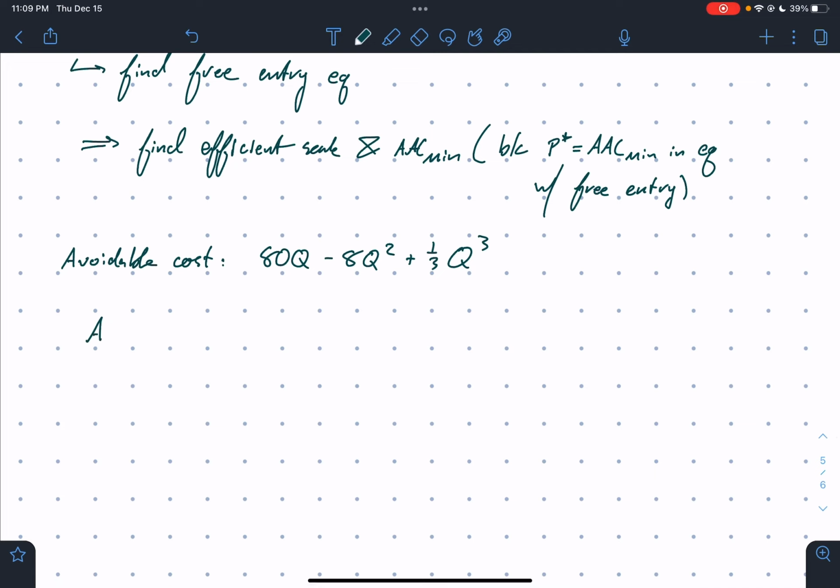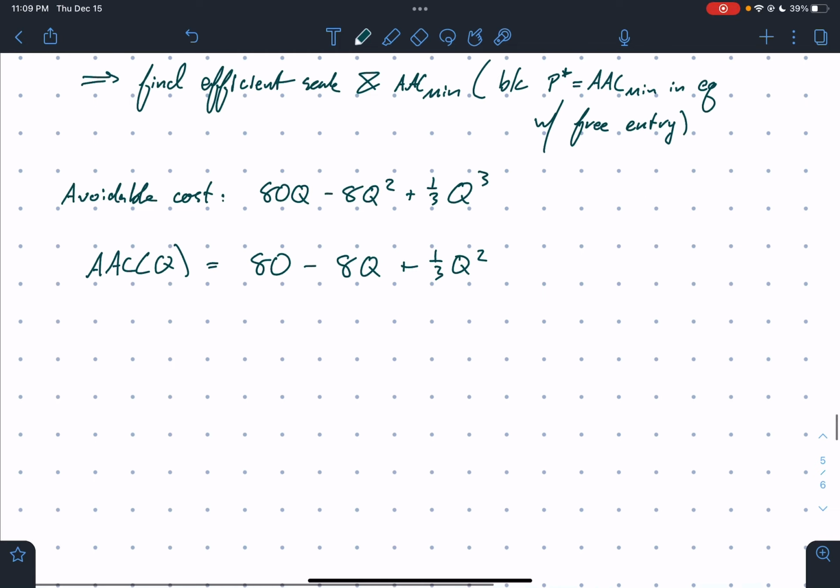So the average avoidable cost is equal to 80 minus 8q plus 1/3 q squared. What we want to do is we want to minimize the average avoidable cost. This means we'll take the derivative, set it equal to 0. That would allow us to find the efficient scale.